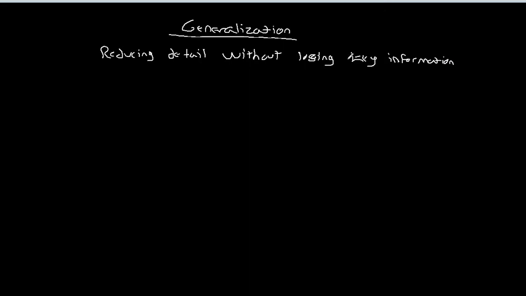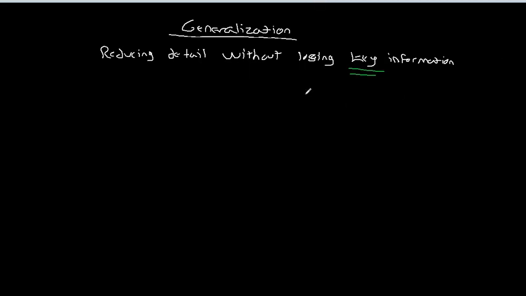And this key here is the key word. When we're talking about detail, we're talking about key information. And so what is key information? Well, key information is really going to depend on the drastic change in the scale. If you're only changing it minorly, maybe you're not going to lose as much detail, versus if you're going from, say, 1 to 1,000 to 1 to 1 million, you're going to have a much more drastic loss in detail.